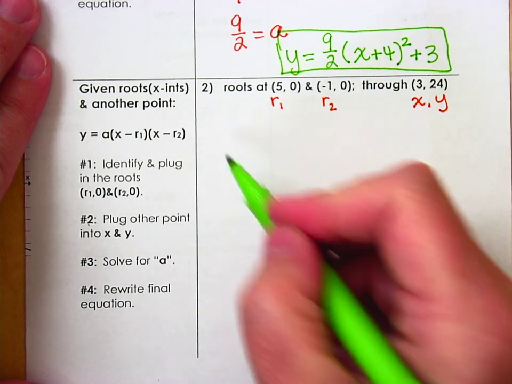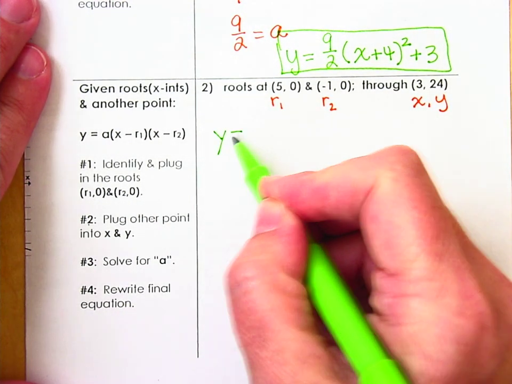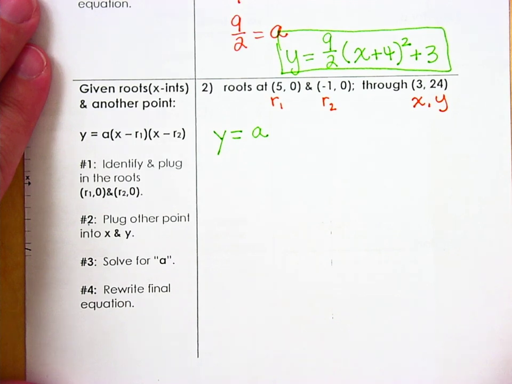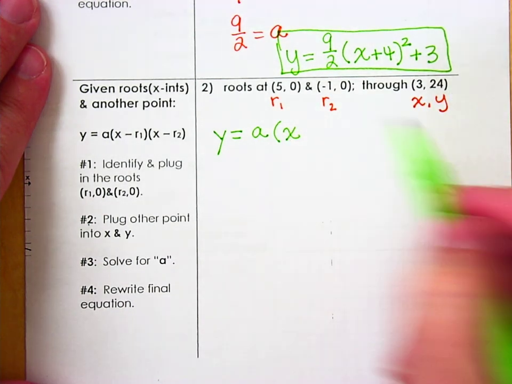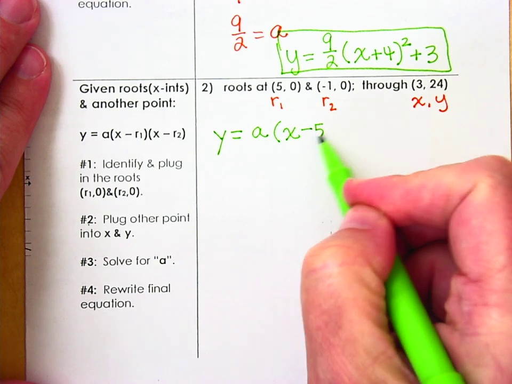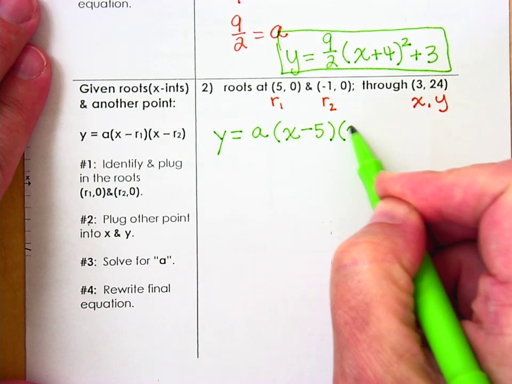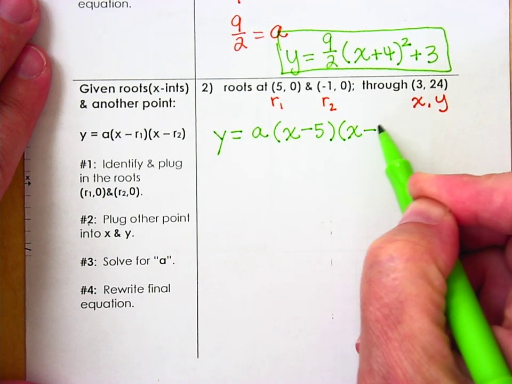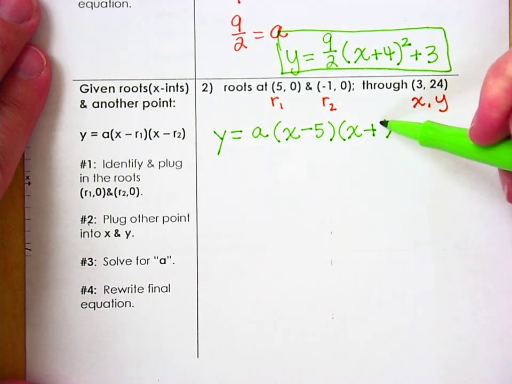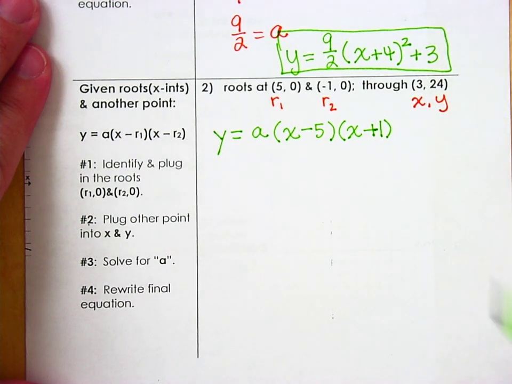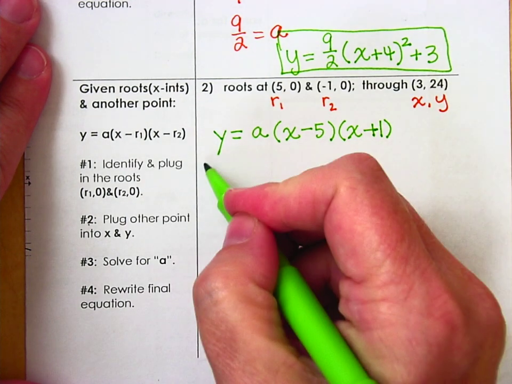So to start the equation, we have y equals, again, we don't know what the a value is, parenthesis x minus 5, close, and then x minus negative 1, so that becomes x plus 1. Okay, so now we need to calculate the a value.